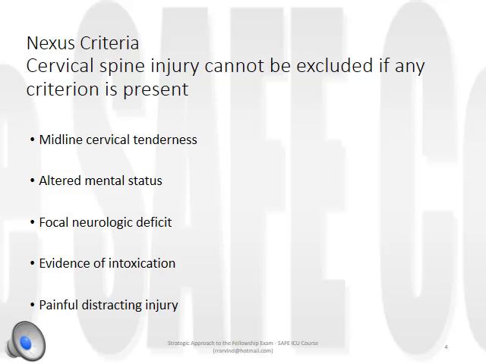So physical examination such as odour of alcohol, slurred speech, ataxia, cerebellar findings, as well as behaviour consistent with intoxication, and the presence of a painful, distracting injury, bearing in mind that analgesia may have been administered.